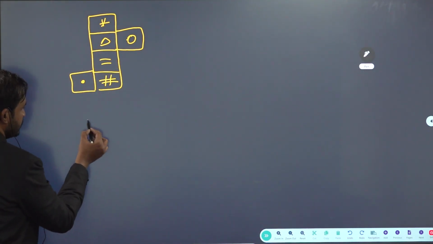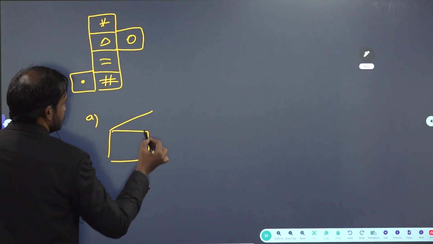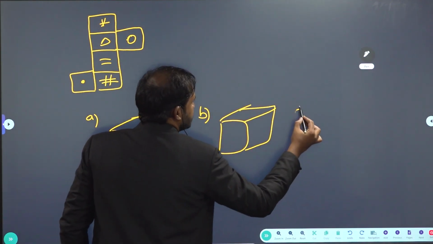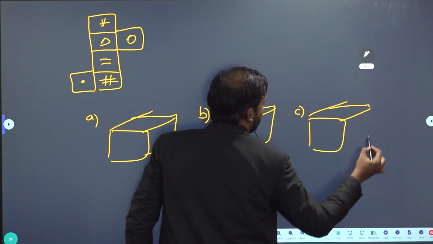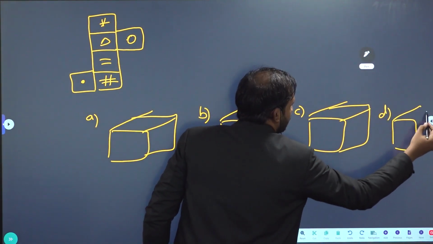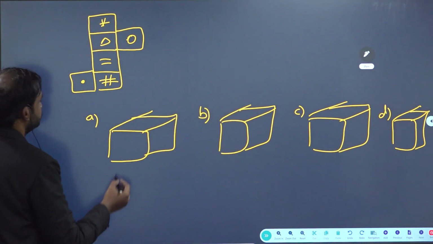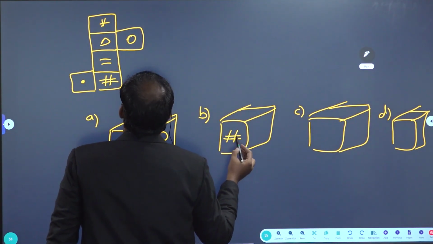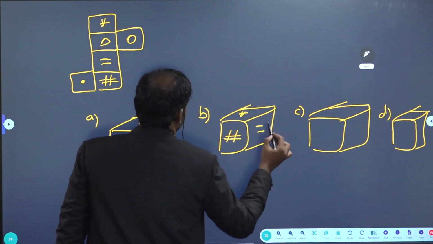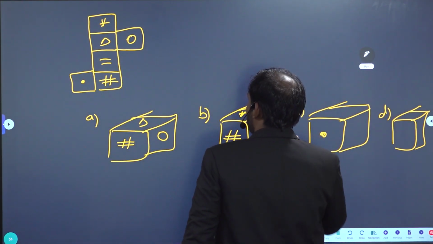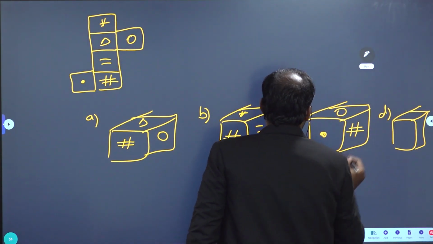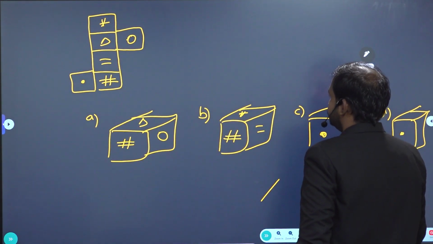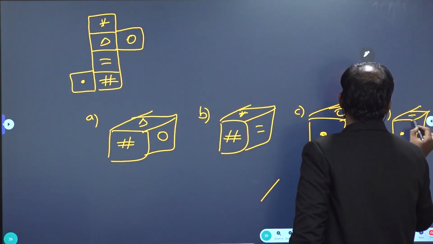So they may give you 4 options like this: A, B, C and D. Hashtag, triangle and circle; hashtag, star and equal to; next, dot, circle and hashtag; and the next one is dot, hashtag and equal to. These are the 4 options.